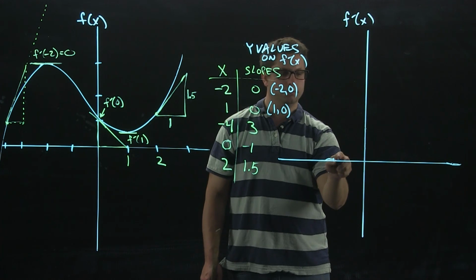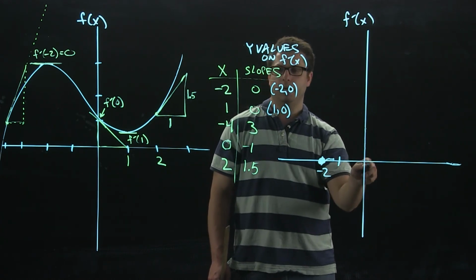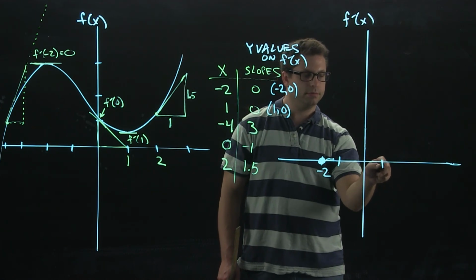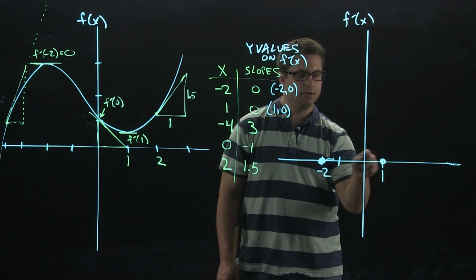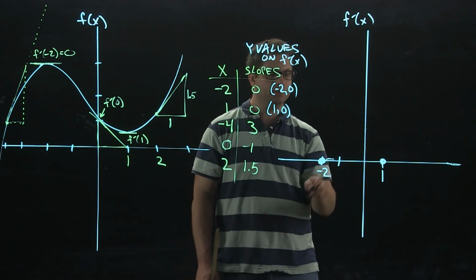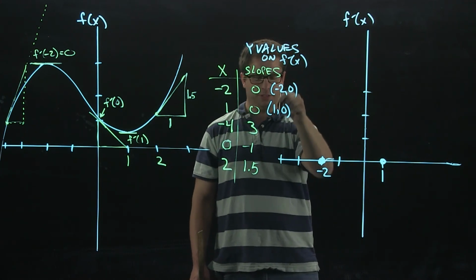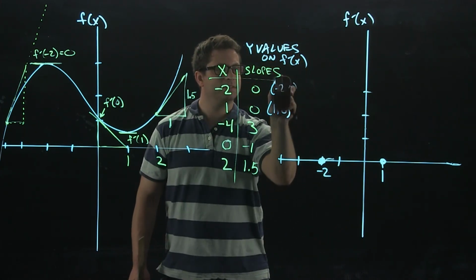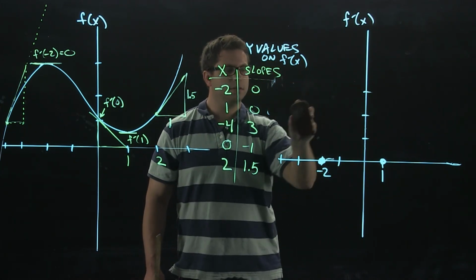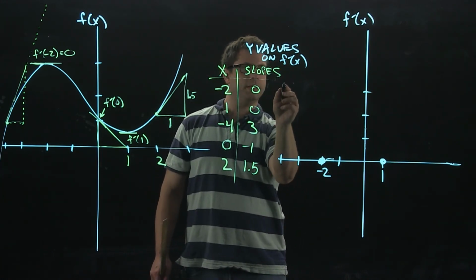So -2, 0, and 1, 0. So those are points. We have negative 4, 3. Fortunately, that puts us right in the middle of these. But negative 4, 3 puts me here.